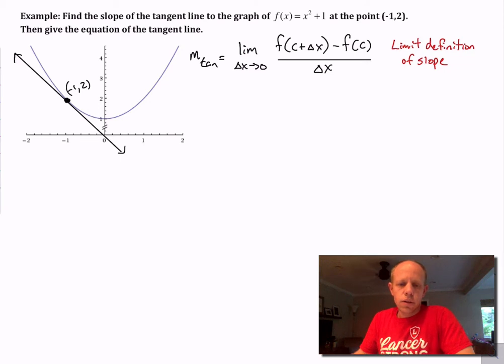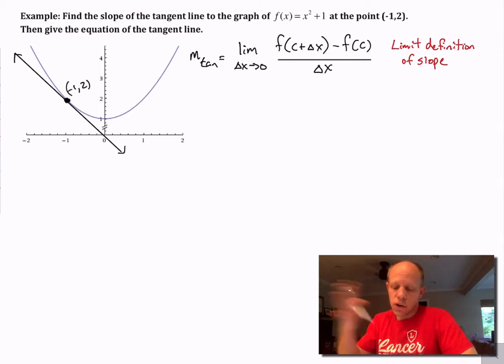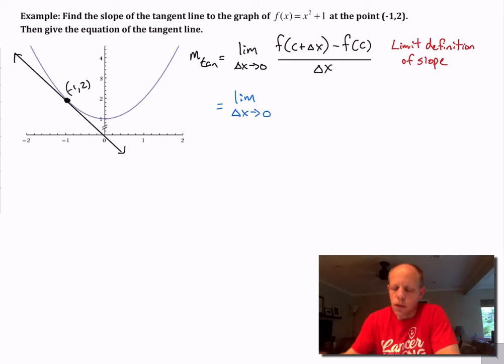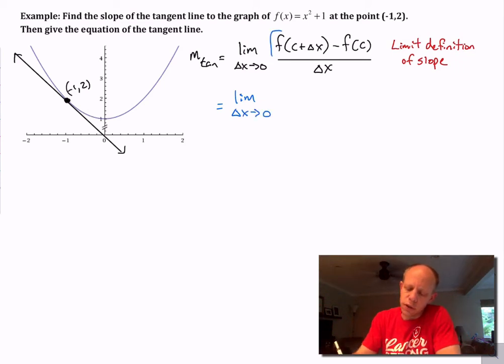All right. So what we're going to do first is just perform some substitutions. And instead of using the generic function notation, we're actually going to substitute c plus delta x into my function. And then I'm going to substitute c into my function. So this equals the limit as delta x approaches 0. So first off, we're just going to deal with this first part, this f of c plus delta x.